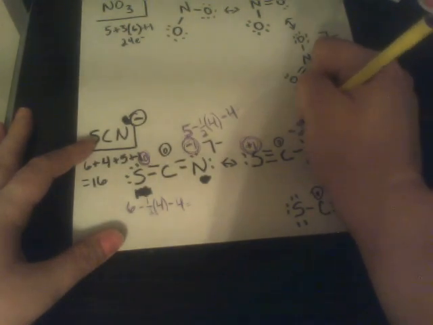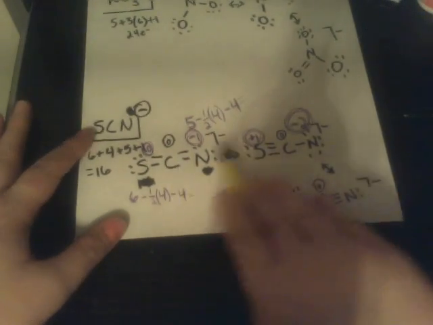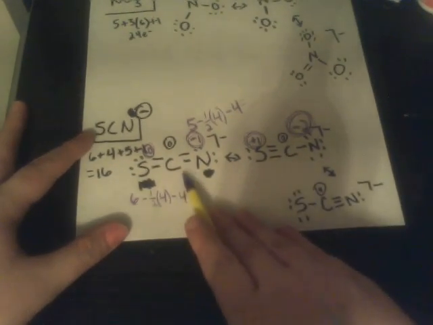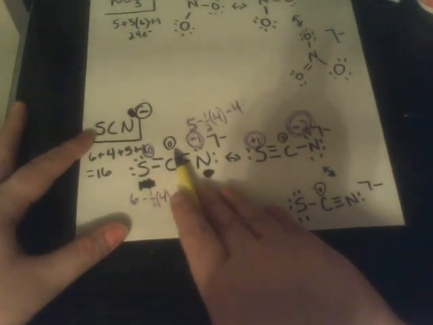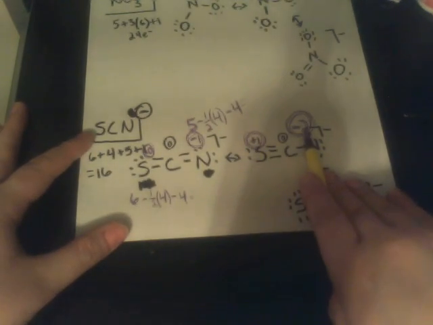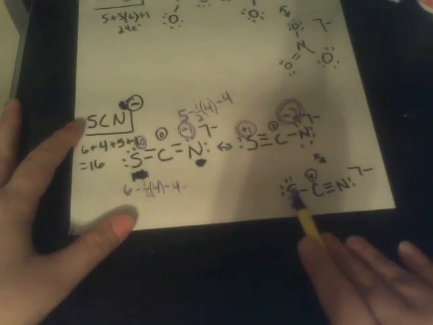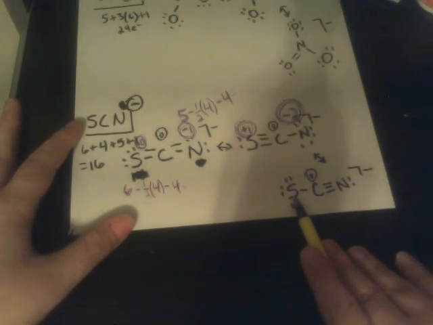So already, which structure looks better between these two? This structure looks better because we're dealing with smaller formal charges rather than a whole positive 1 and a negative 2.